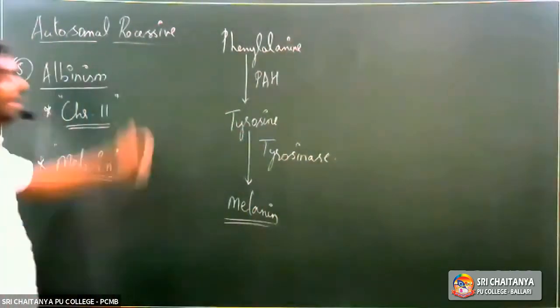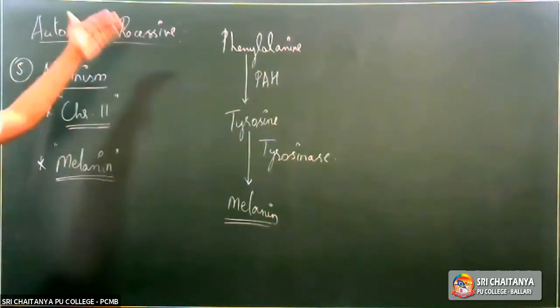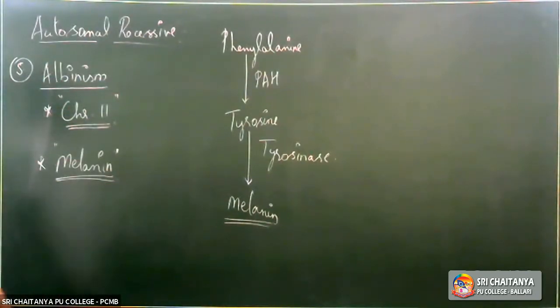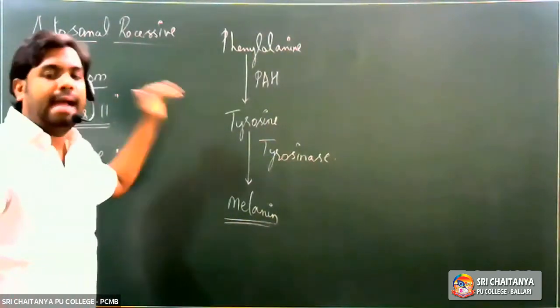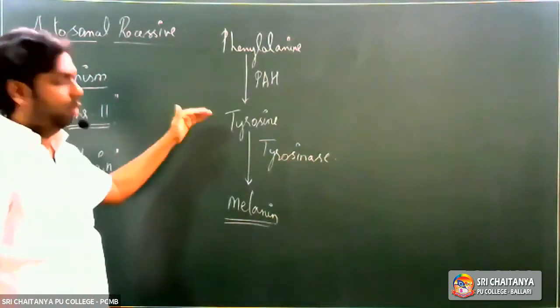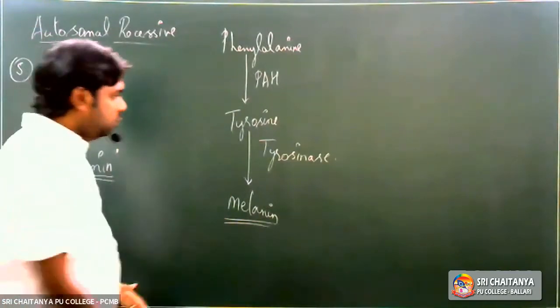So this is how melanin is actually formed. This is the normal process of melanin formation, where phenylalanine first gets converted into tyrosine, and tyrosine then gets converted into melanin.